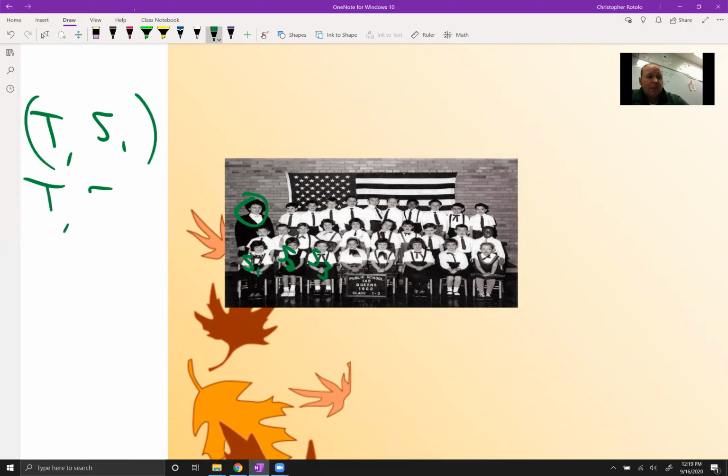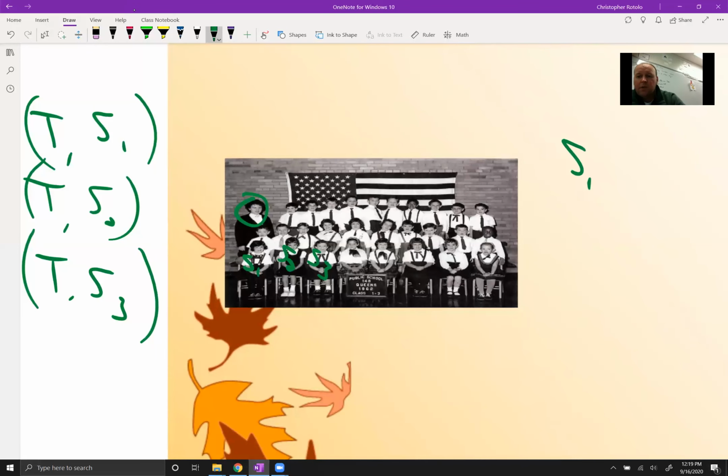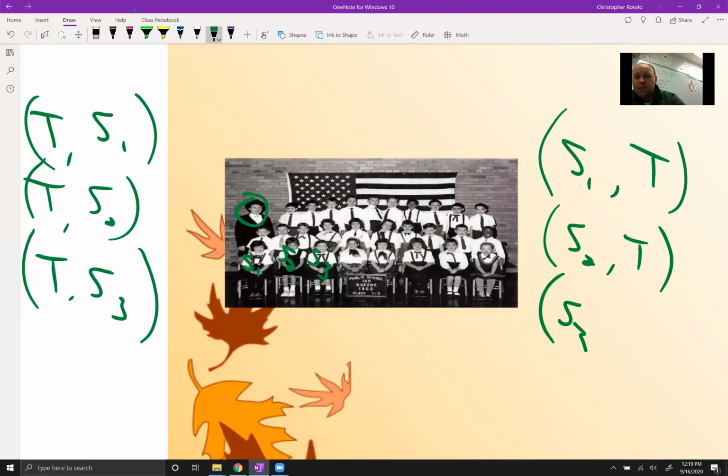And the teacher also has student 2, and the teacher has student 3. Well, student 1 has a teacher, student 2 has a teacher, and student 3 has a teacher. So it's the same situation, but I can think about it by flip-flopping my domain and range. So one of these is going to be a function, and one of them is only a relation.